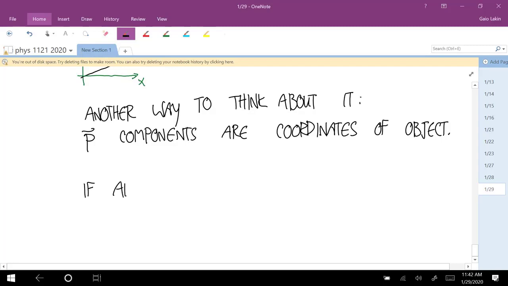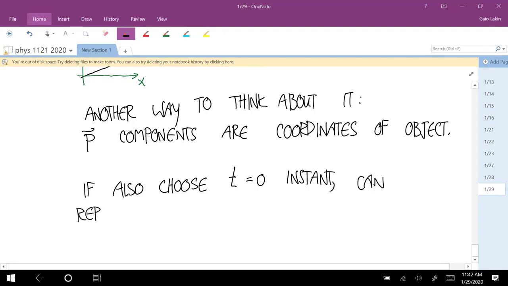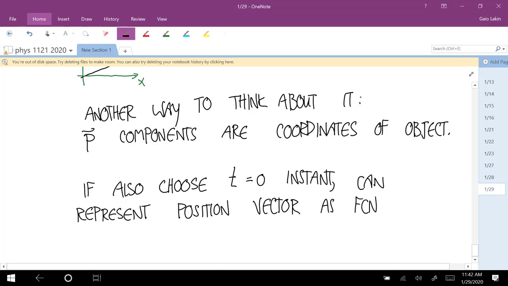So if you also choose a time equals 0 instant, then you can represent the position vector as a function of time.